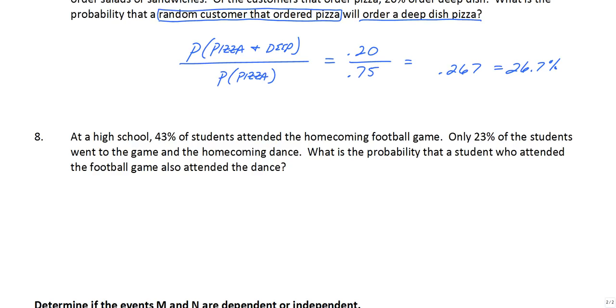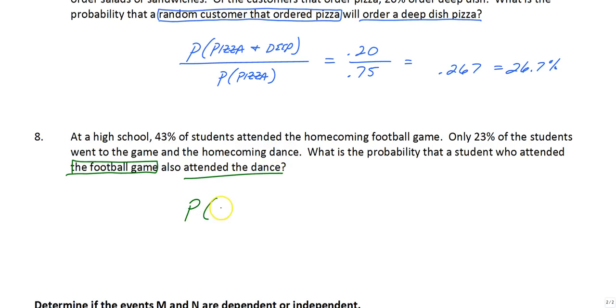So 43% of students attended the homecoming football game, but only 23% of the students that went to the game actually went to the dance. So what's the probability that a student who attended the football game also went to the dance?